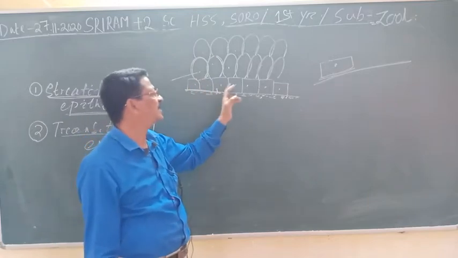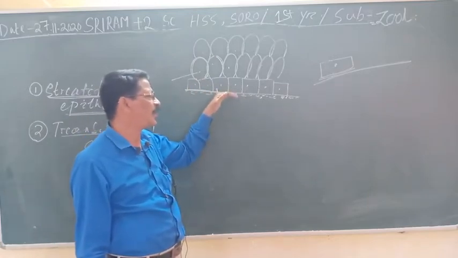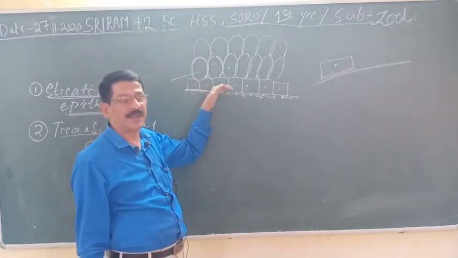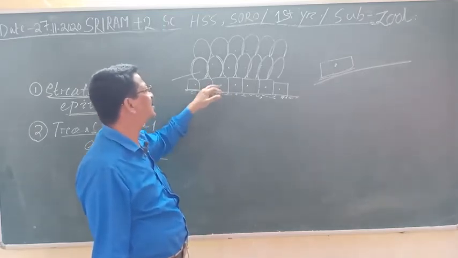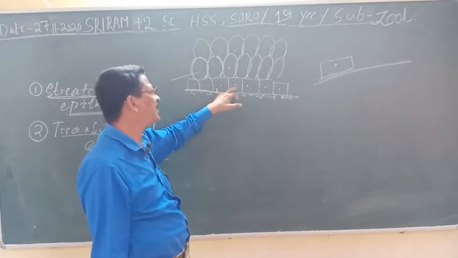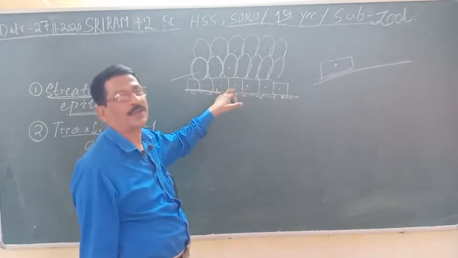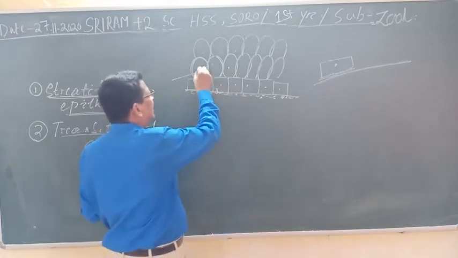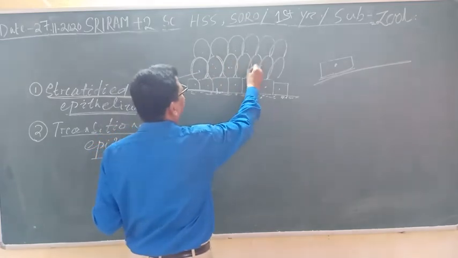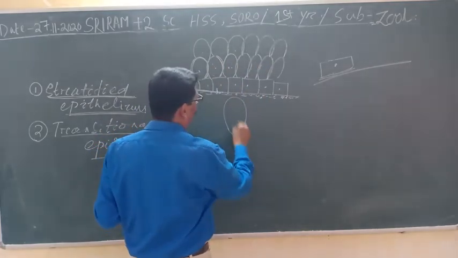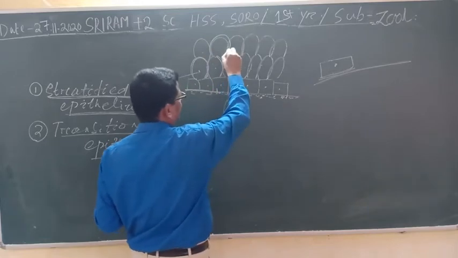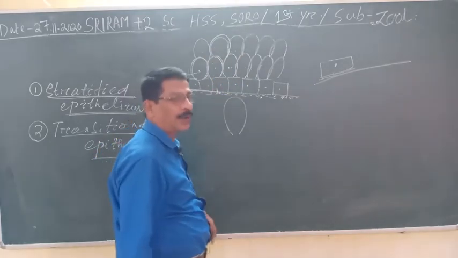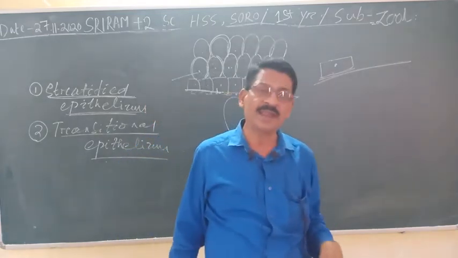The lowermost cells, which are present just above the basement membrane or the elastic tissue layer, are columnar or cubical in shape. The middle layer is club shaped. And above that, the cells are dome shaped. Clear? And these are found in the urinary bladder.